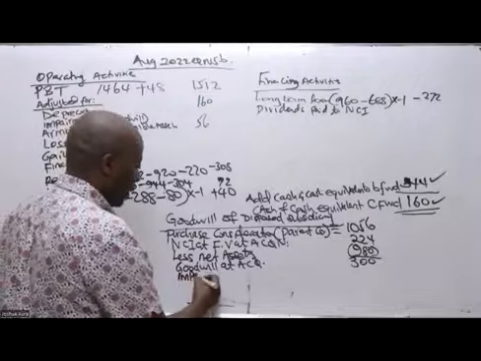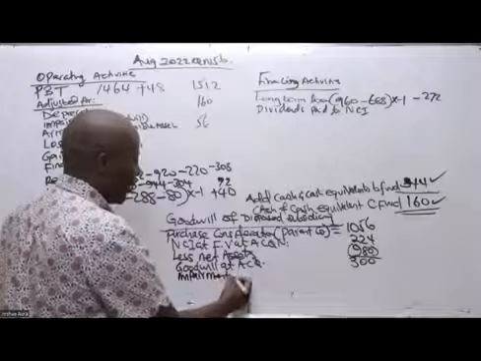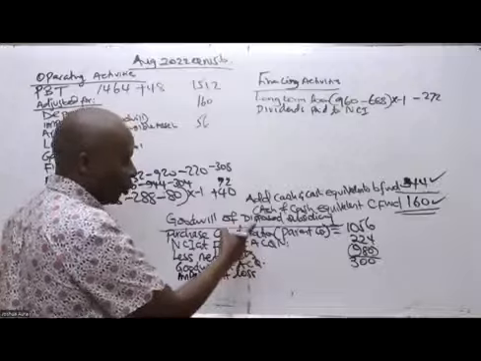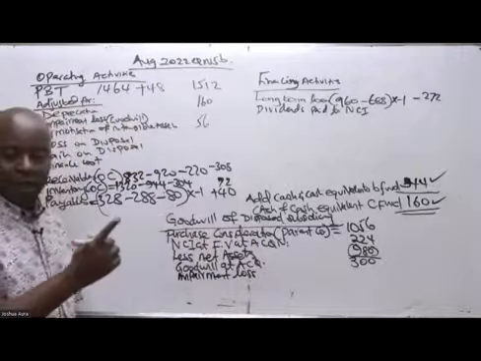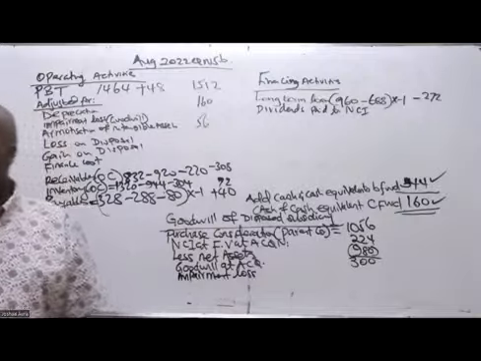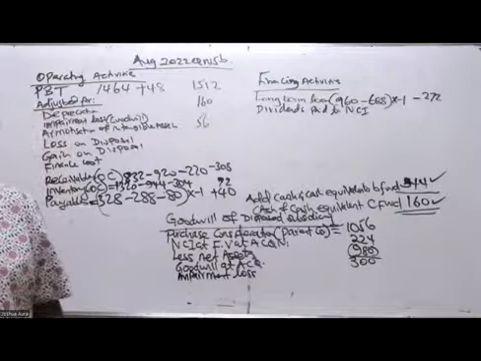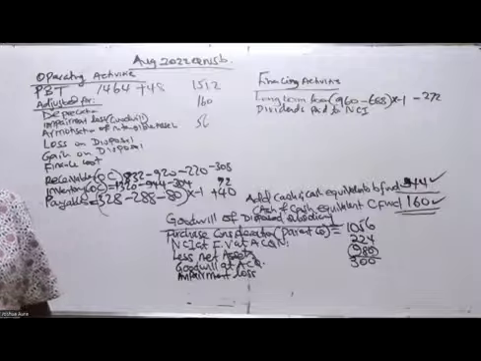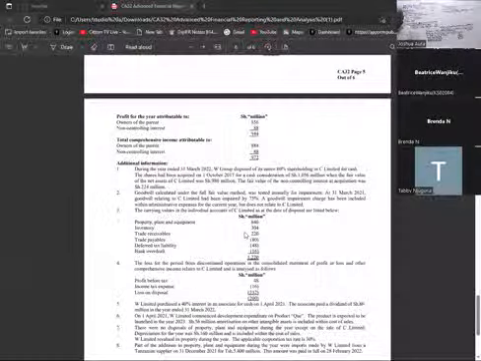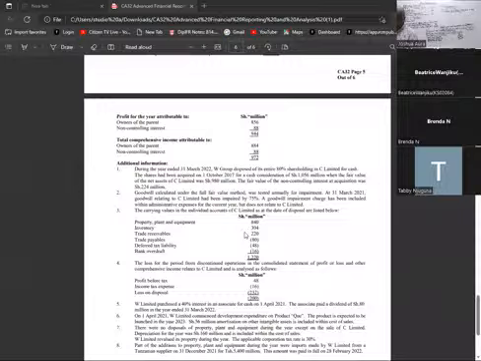So come and give us the impairment loss for this goodwill of company C that was disposed. They have given us the criteria to use. What have they told us?